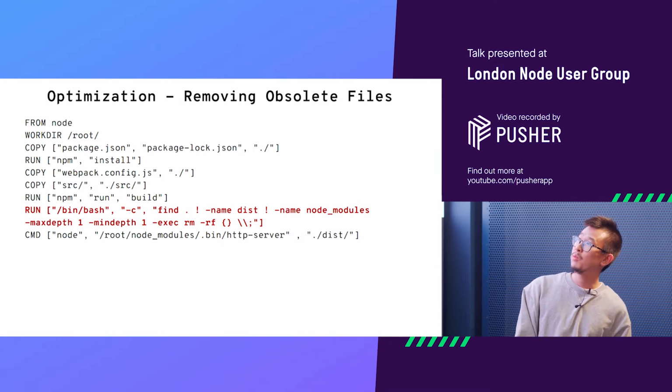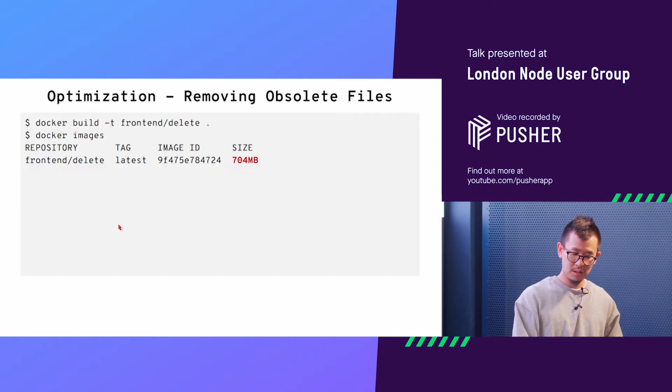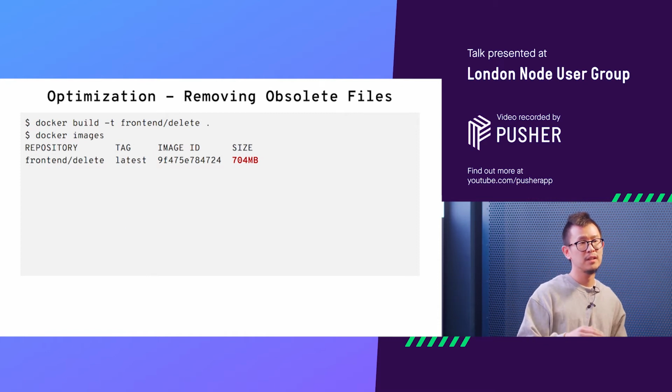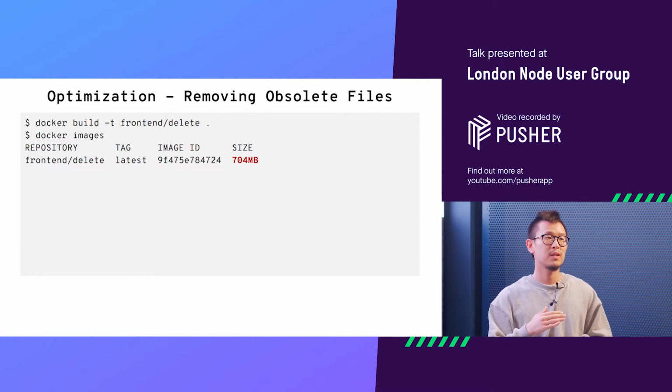A naive approach would be to add a new layer to remove unnecessary files. But if we do that, we'll see that the image didn't decrease in size. And that's because each layer in the Docker image is a diff from the previous layer. So if the file is already inside the image, you cannot really delete it.